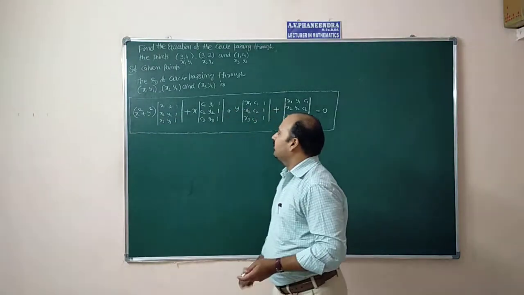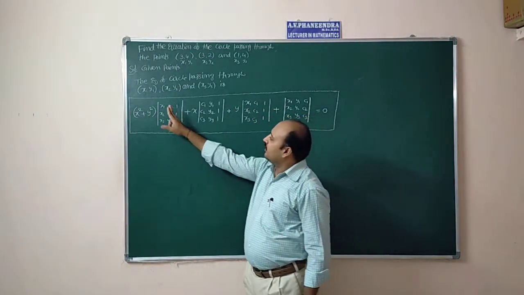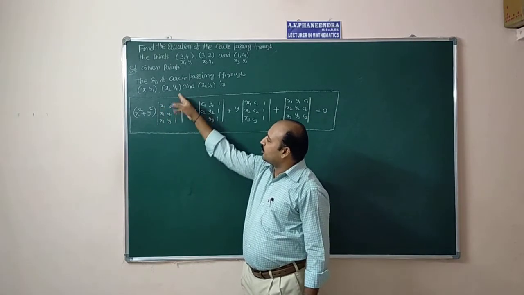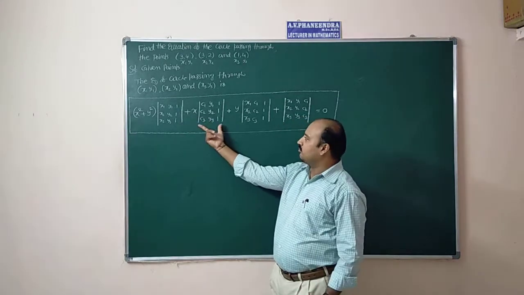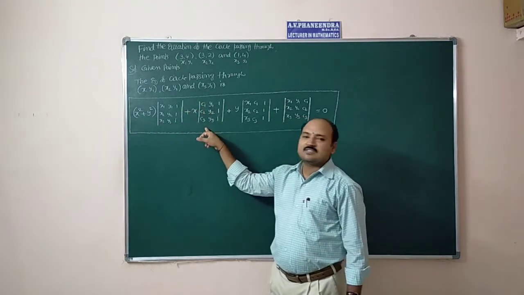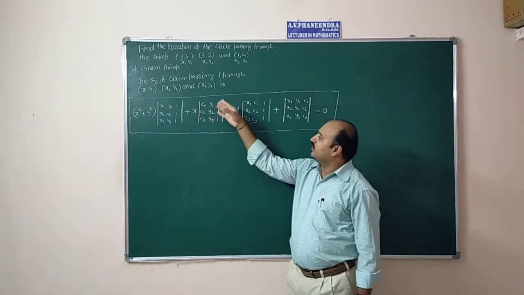Observe that carefully. x square plus y square, determinant of x1, y1, first point, second point, third point, and the third column will be 1, 1, 1. Plus x into, the first column replaced with C1, C2, C3, the rest of the columns the same, y1, y2, y3, 1, 1, 1.